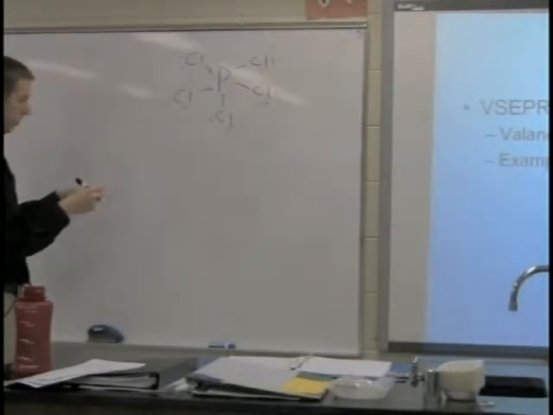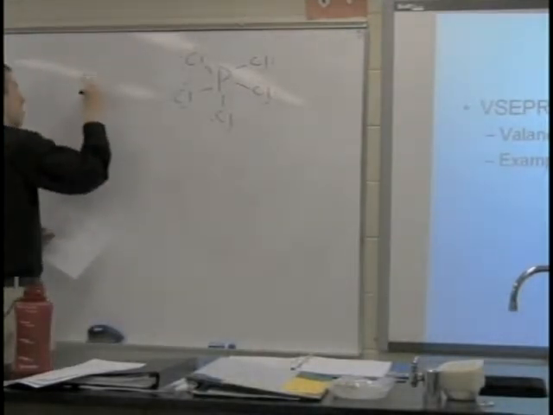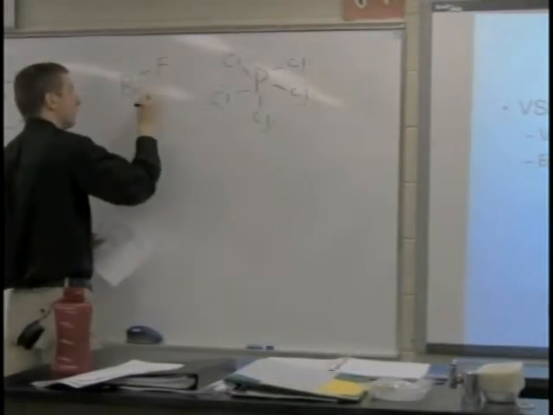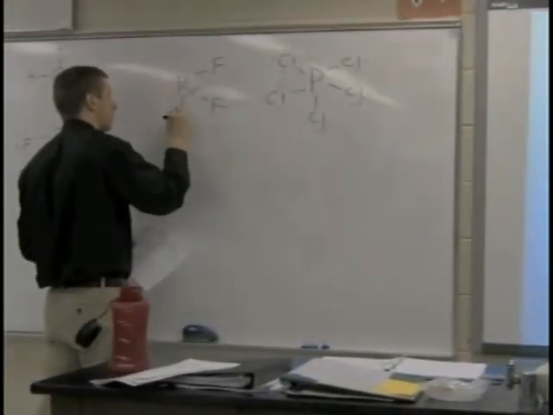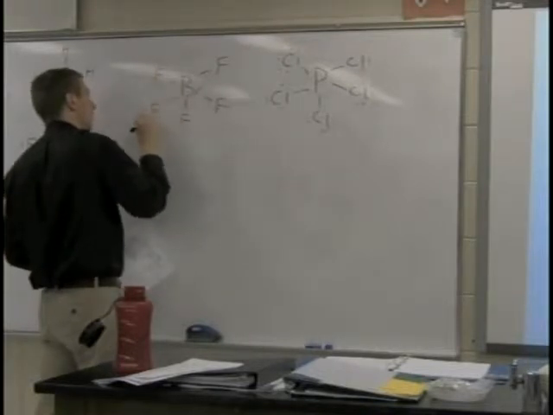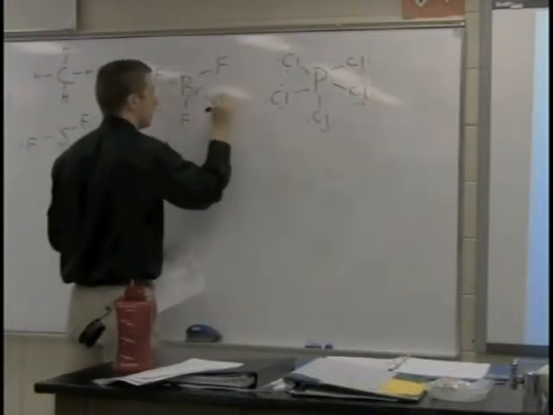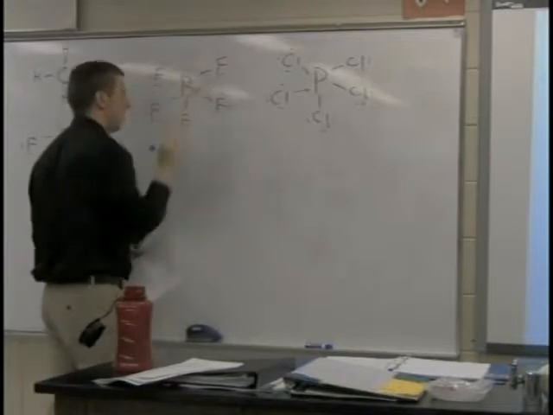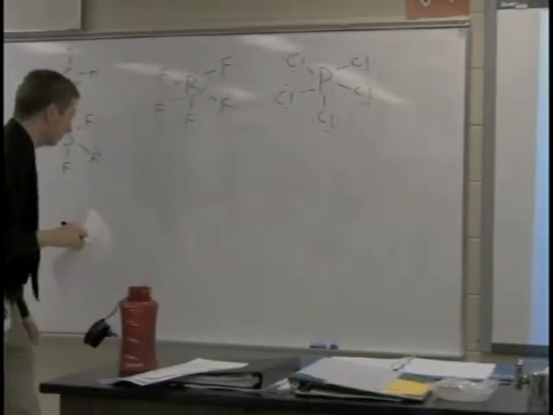The last 2 are square pyramidal, which bromine would be bonded to 5 fluorines in this case. And it has 2 electrons on its central atom.